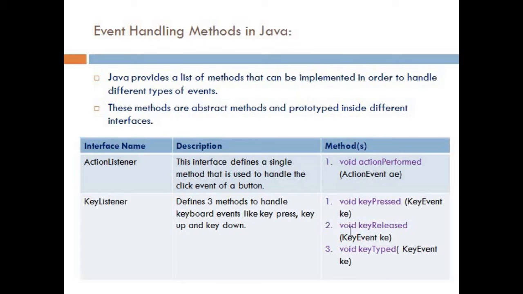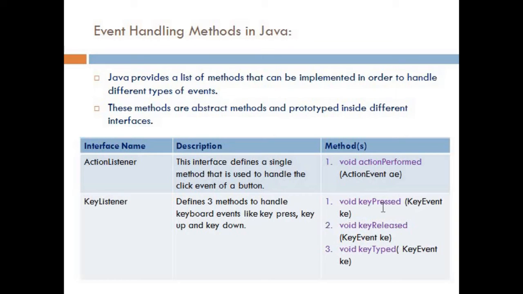Then below, the void keyReleased method. This method executes whenever a particular key is released. Then the next method is the void keyTyped method. This method gets executed whenever a particular key is typed from the keyboard.